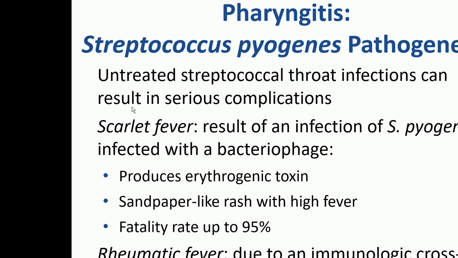So scarlet fever is usually caused by this bacteria when it is infected by a virus, and that virus we call a bacteriophage. And that bacteriophage basically has genes for the production of erythrogenic toxin.